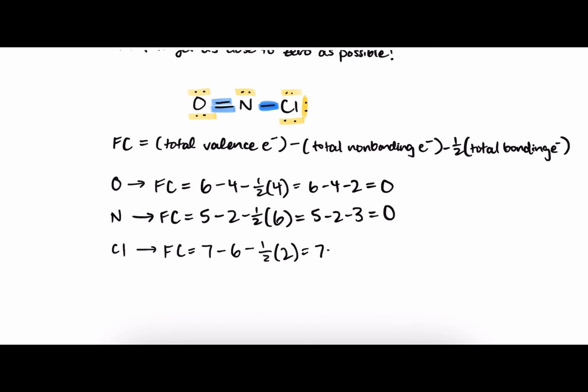So we'll do 7 minus 6 minus 1, and we find that it also has a formal charge of 0.